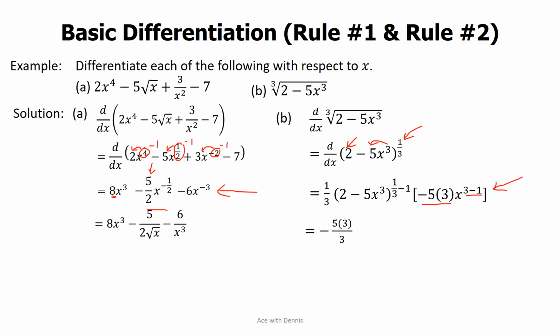So I will get negative 5 times 3 divided by 3. Then the bracket, 2 minus 5x cubed, power is 1/3 minus 1, which gives us negative 2/3. And x cubed minus 1, I get x squared. Alright, so now the next step, right?